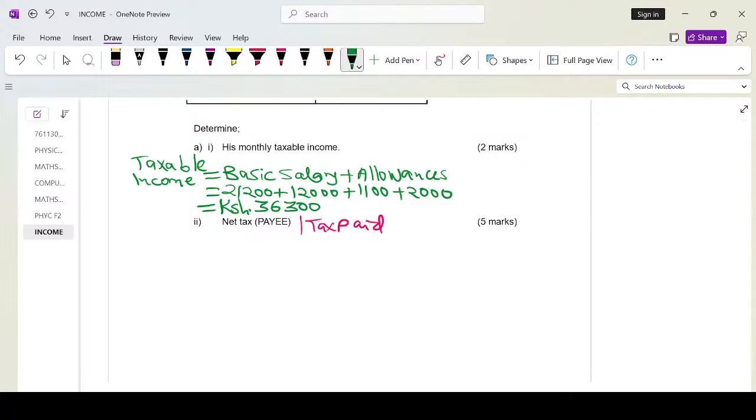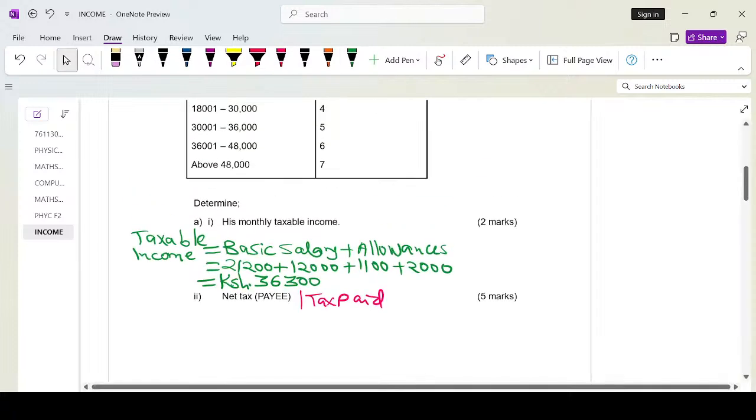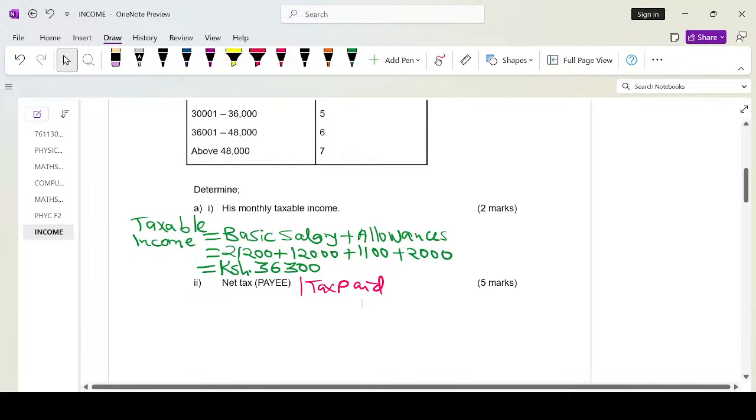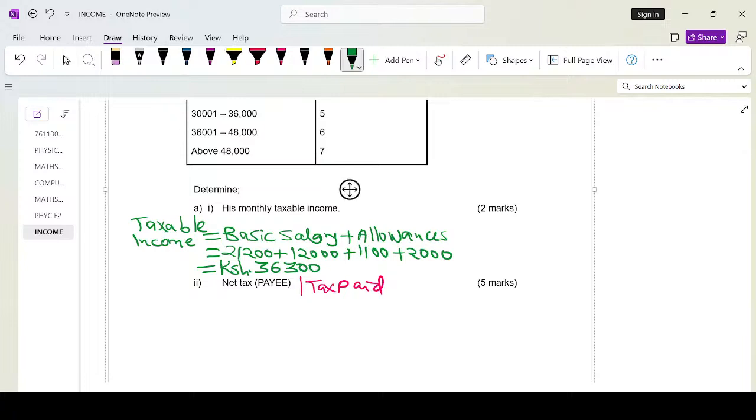Because you know that tax is going to be levied from the 36,300, we are now going to tax this amount.